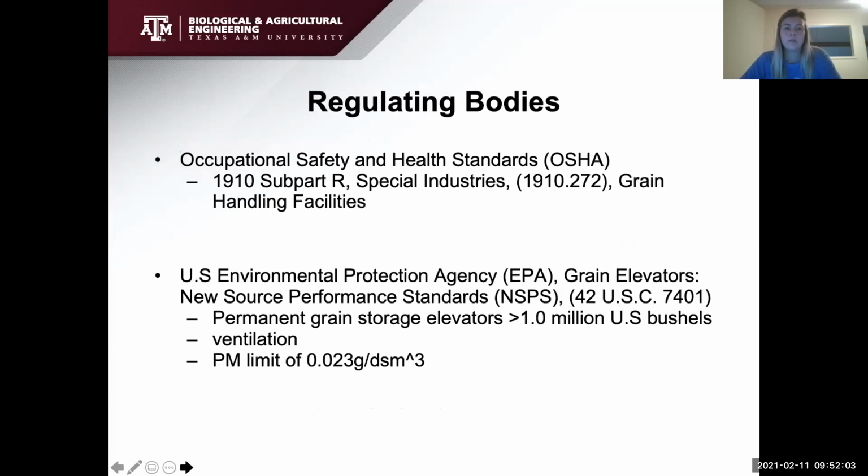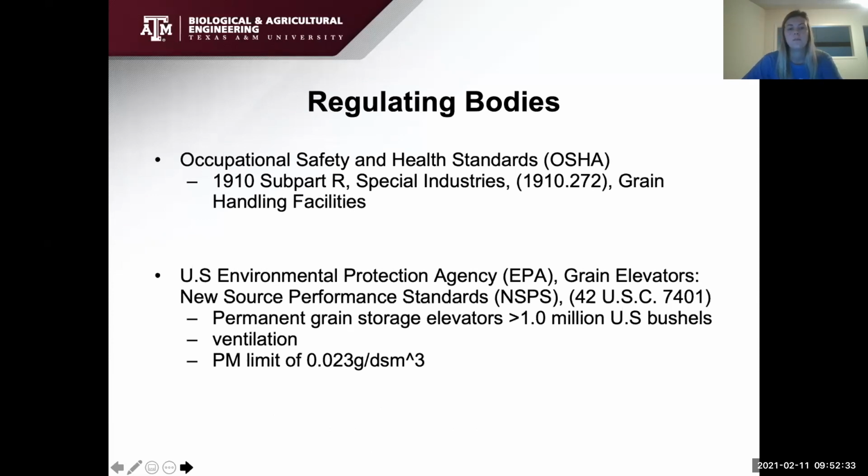As we've been mentioning, there are a lot of state, local, and federal entities regulating the emissions coming from this elevator, and that's really the driving force in this project. Some of them we are constantly keeping in the back of our heads every step of the way, making sure that this implementation we're bringing forward to United Ag is consistent with these regulations. The first one is occupational safety and health standards.